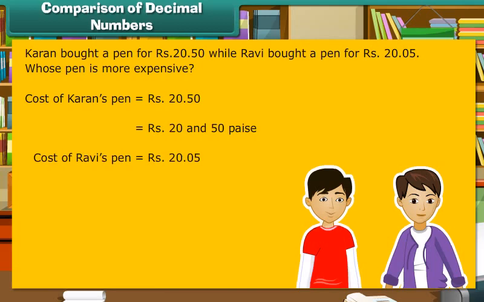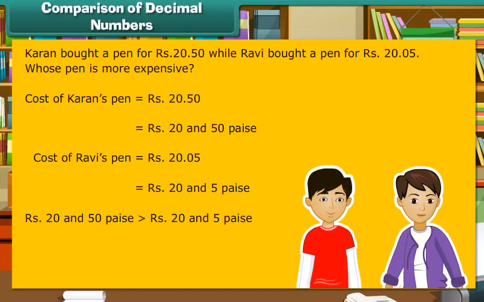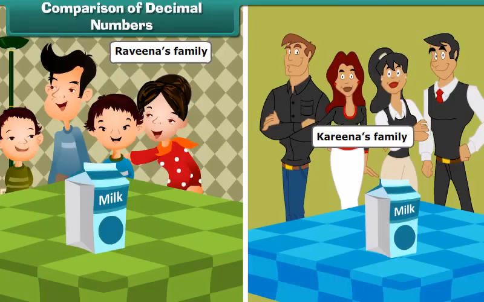Let us look at one more problem. Ravina's family consumes 2.5 liters of milk every day. Her friend Karina's family consumes 2000 milliliters of milk every day. Which family consumes more milk? Milk consumed by Ravina's family is equal to 2.5 liters.